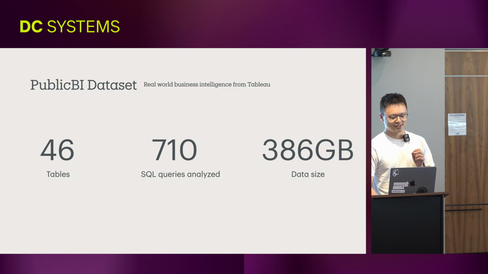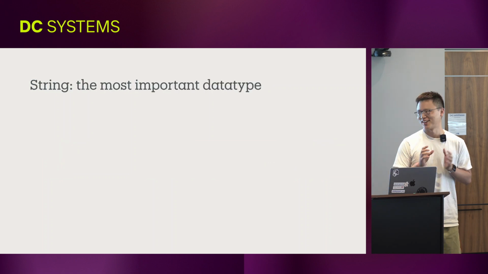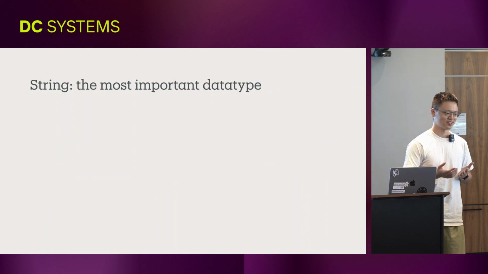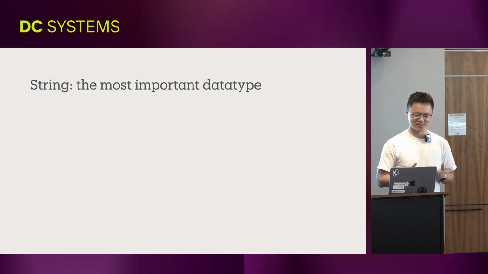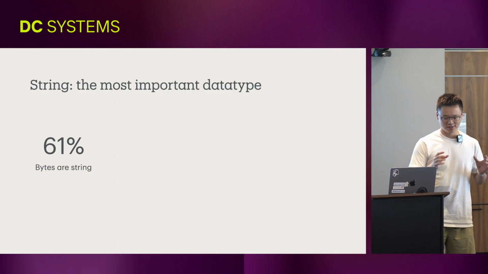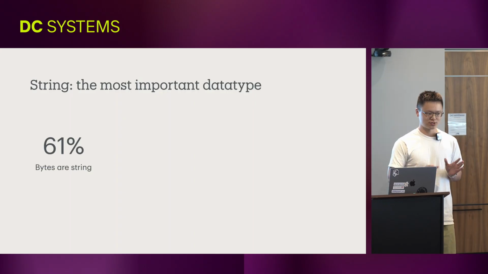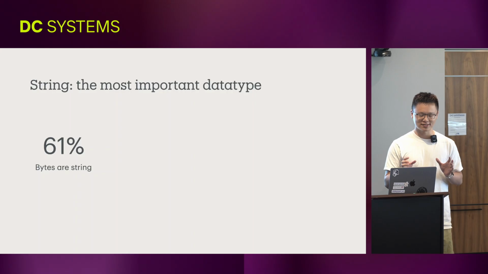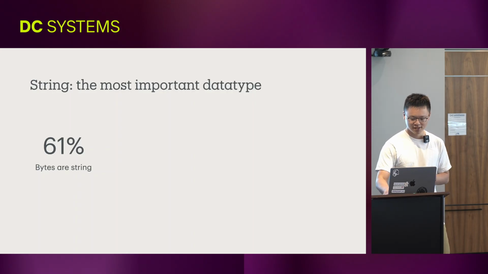The first takeaway we found is that string is the most important data type, not surprisingly. Specifically, 61% of the bytes stored in the dataset are string data, which is larger than all other data types combined.